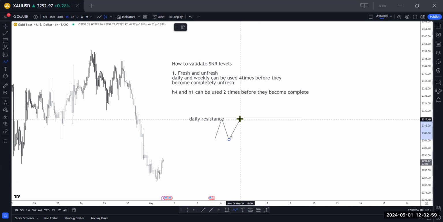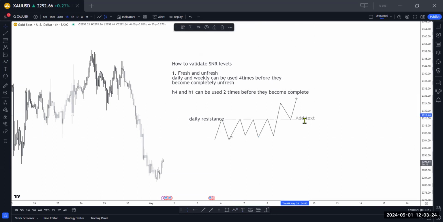So let's say the second tap, the third tap, the fourth tap, right? By the time price comes back to this level, there's a likely chance that price is going to break this level. So when price breaks this level, this daily resistance that is now unfresh becomes a fresh daily support, right?